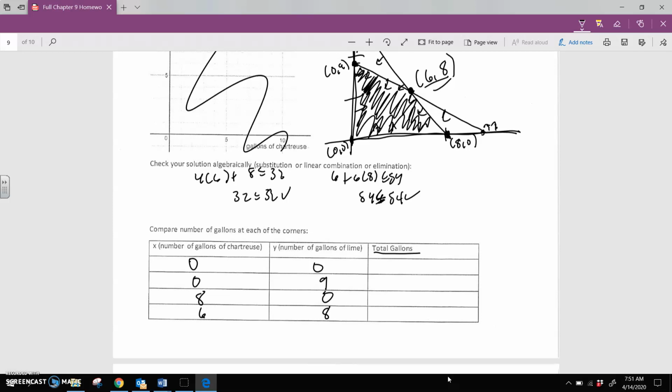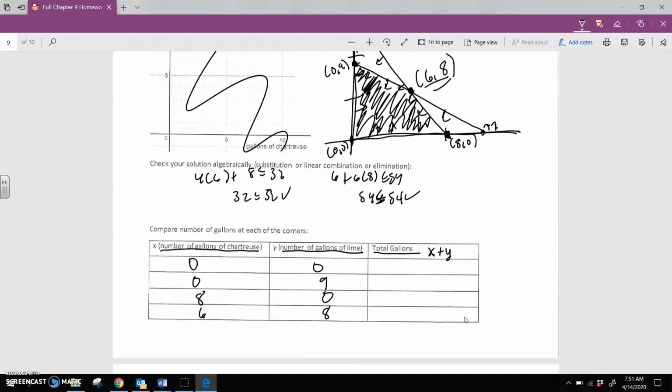This one didn't say anything about that. We just need to know the total number of gallons of paint that we make, or we want to maximize the total number of gallons. So really, we're just taking the total number of chartreuse gallons and adding it to the total number of green. So in this case, my total gallons is just x plus y. Oftentimes we'll be multiplying in there, but that's if you know how much you make per gallon or per whatever.